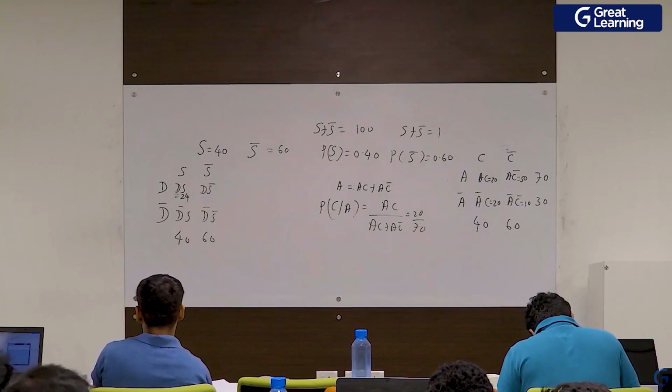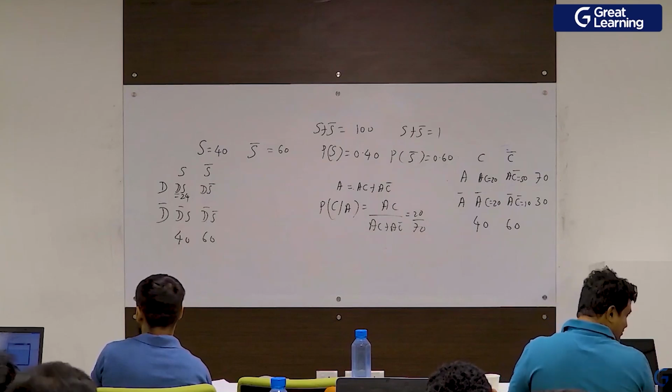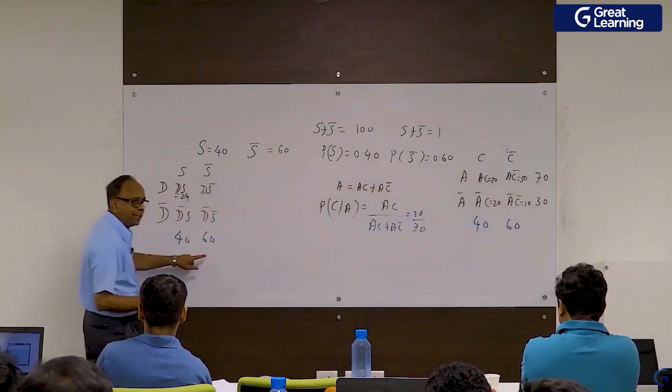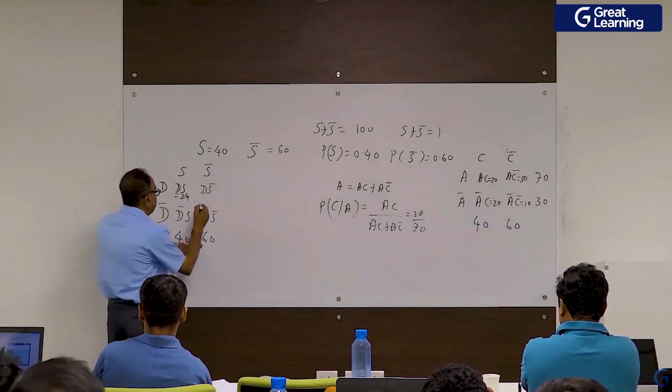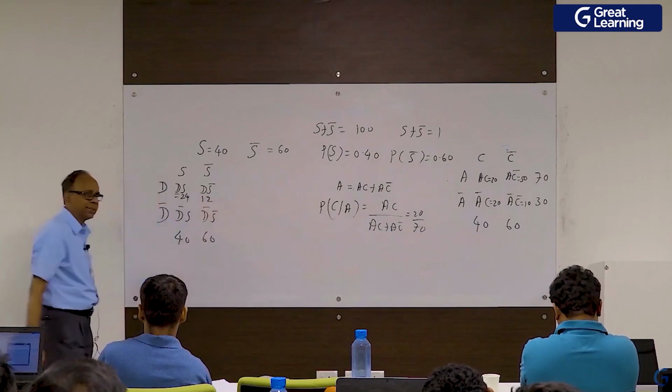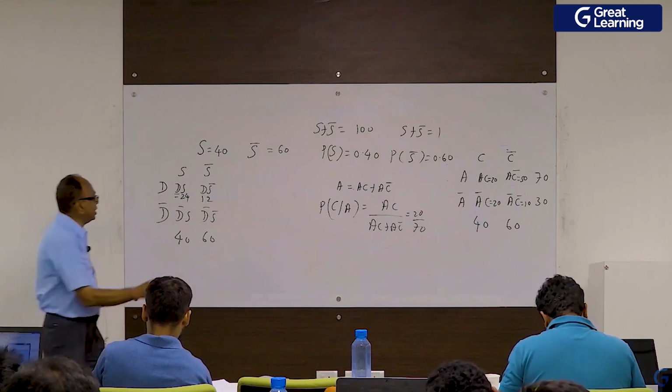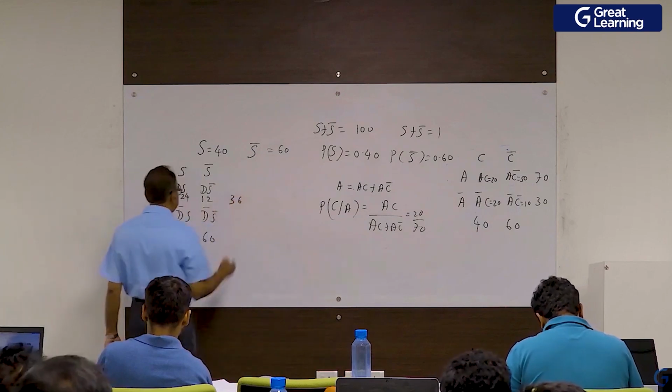Am I right? And 20% of the unsuccessful wells have had a detailed test. So 20% of 60, this is 12, have had detailed test. Am I right? Now this is equal to 36.